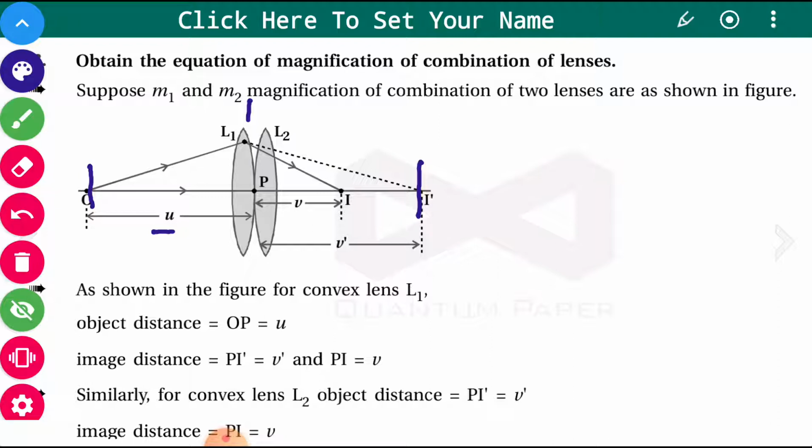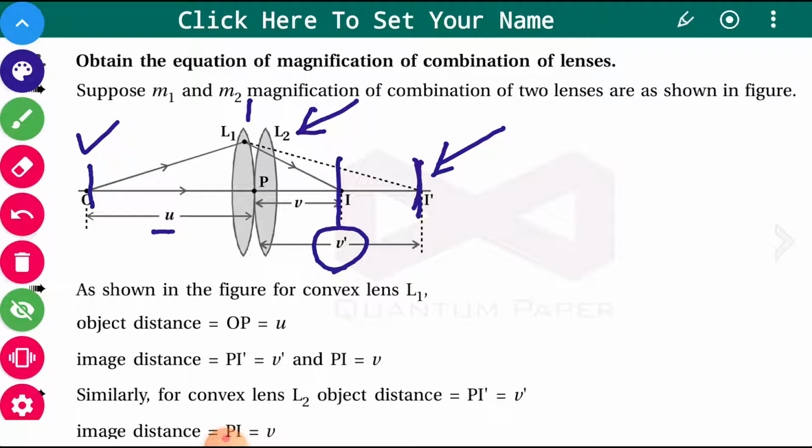I prime behaves as the virtual object for the second lens, and the final image is formed at point I. The intermediate image is at distance v prime from this combination of lenses.